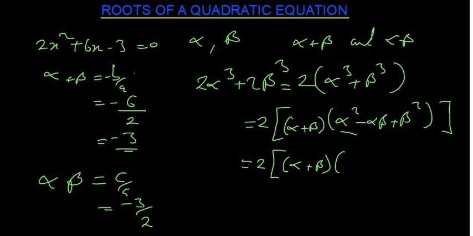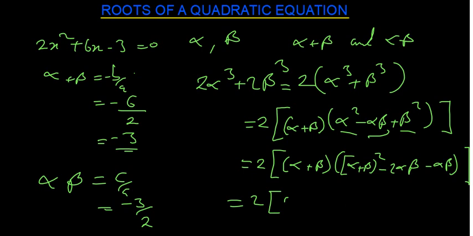Now we have got alpha squared and beta squared. If you put them together and factorize, what we are going to get is alpha plus beta squared minus 2 alpha beta. And then we have this part, which is a negative alpha beta. So this is supposed to give us 2 open brackets alpha plus beta, and then this portion here, which is alpha plus beta power 2 minus, that becomes 3 alpha beta.